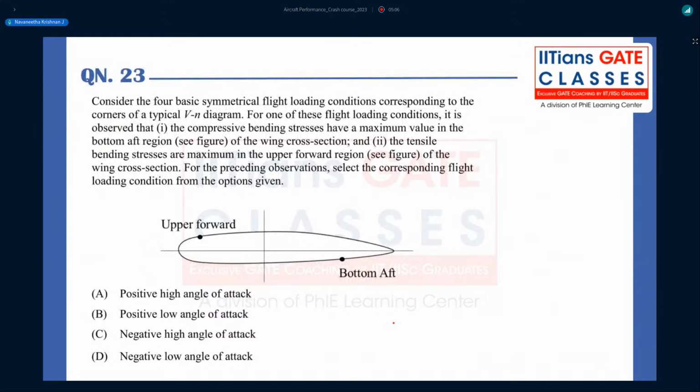Question number 23. Consider the 4 basic symmetrical flight loading conditions corresponding to corners of a typical VN diagram.